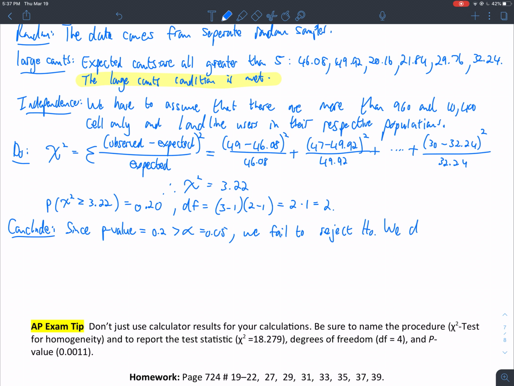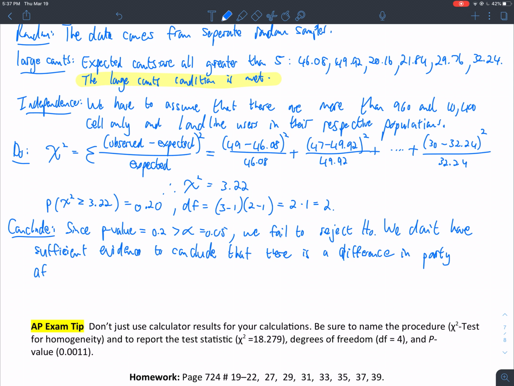So we say we don't have sufficient evidence to conclude that there is a difference in party affiliation between the cell-only and landline populations.